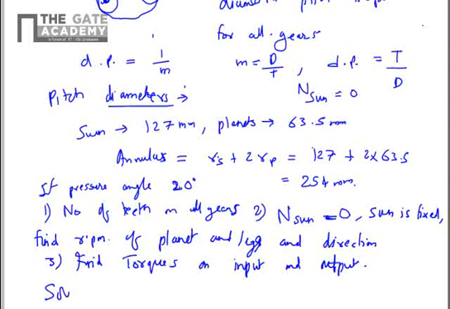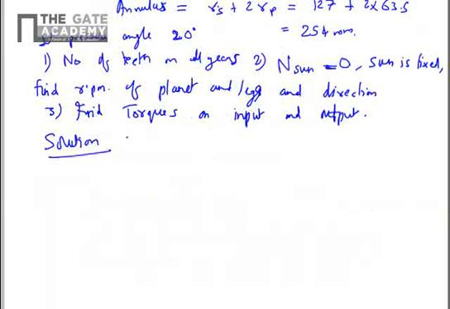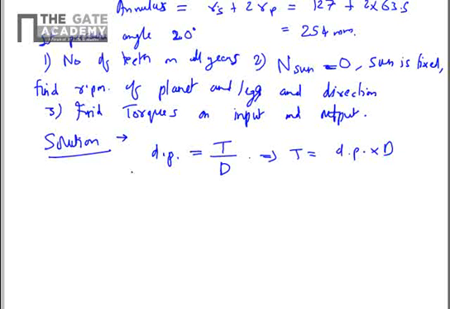Solving this problem, solution. The first part is to find the number of teeth on all the gears. So we have the diametral pitch given. Diametral pitch is equal to the number of teeth divided by diameter. So the number of teeth will be equal to the diametral pitch times the diameter.